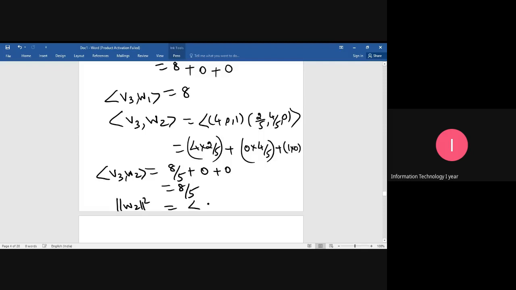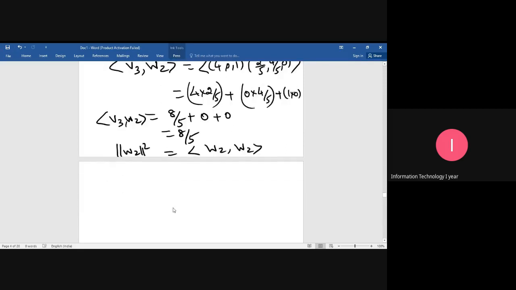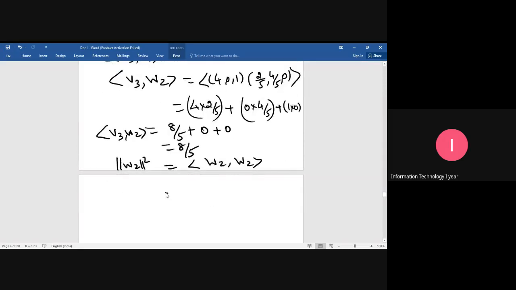Then another value we needed, norm W2 square, right? Norm W2 square is the inner product of W2 comma W2. So 2 by 5 comma 4 by 5 comma 0 with 2 by 5 comma 4 by 5 comma 0.